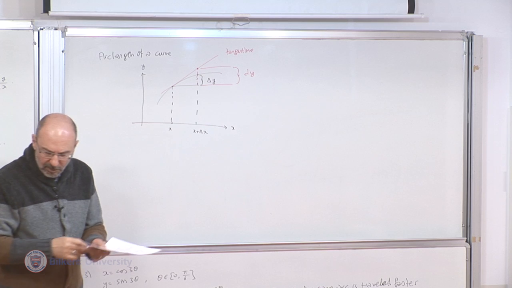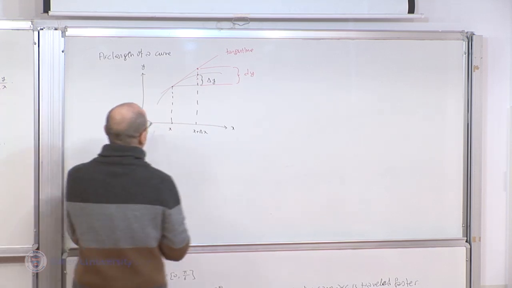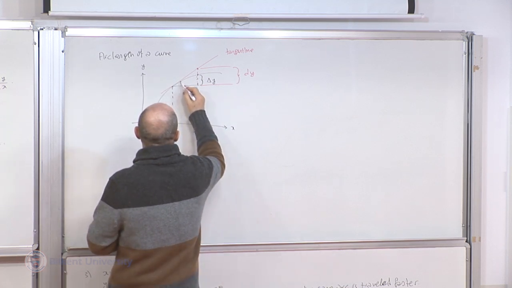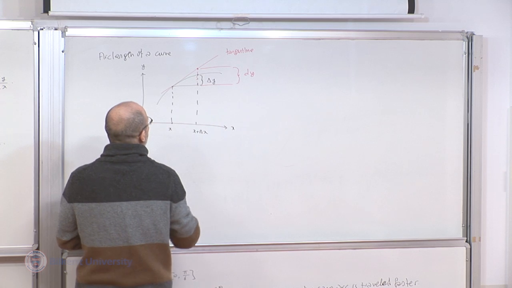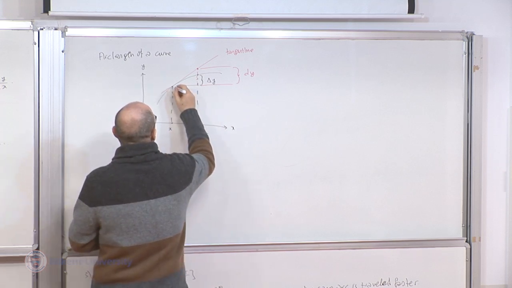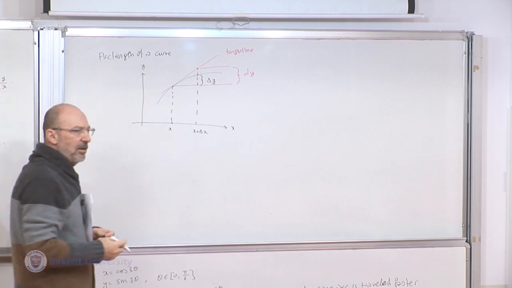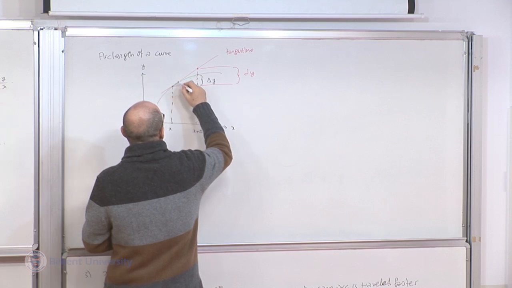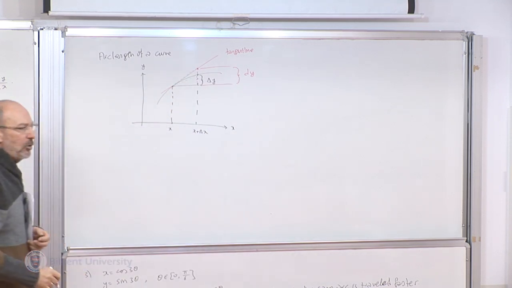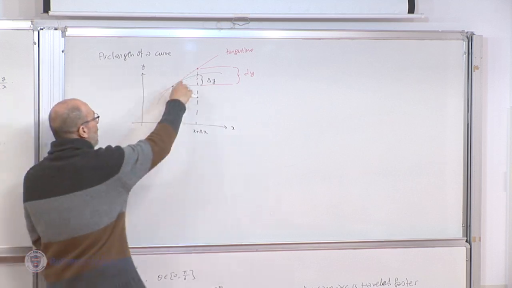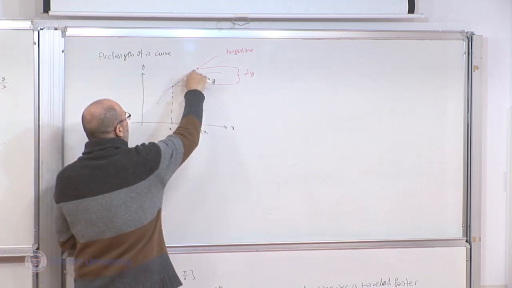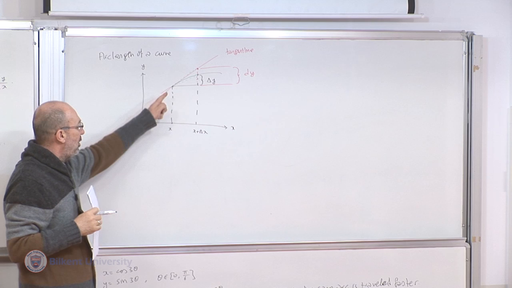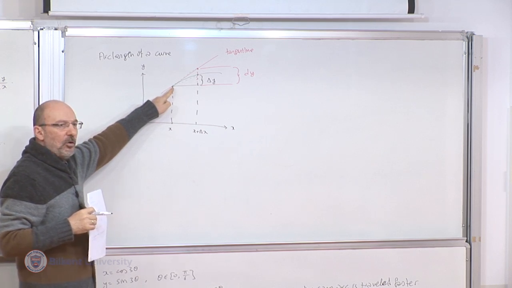Okay? Now, arc length means we are trying to approximate this length. We can do it either by finding this length and saying that this is approximately equal to this, or we can find this length and we say that that's approximately equal to that. So this one is easier to calculate because all the information for this length is given at this point. I have the value of the function there, which means that I know the coordinates of this point.